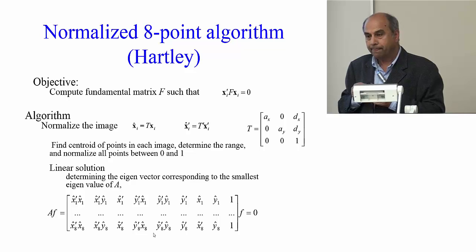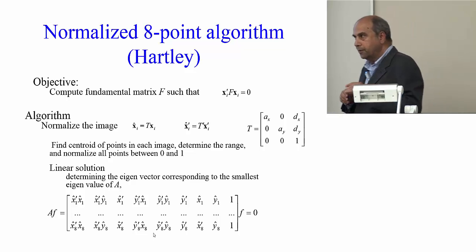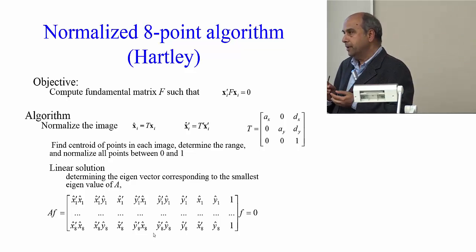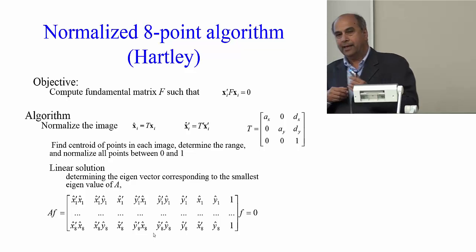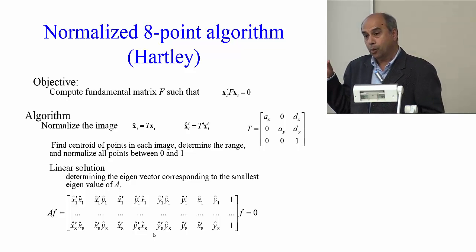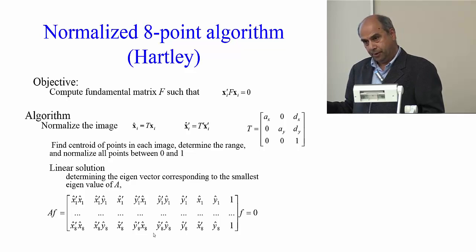Not only the 8 points, if there are dozens of points, we can use this pseudo inverse. Yeah, that's the thing. The main thing is that when you use pseudo inverse, you use all the points. Then if there are some points which are outliers, where the correspondence is wrong, that will destroy the solution.